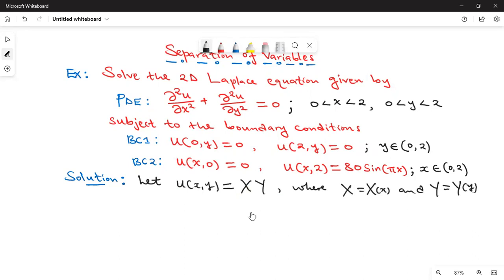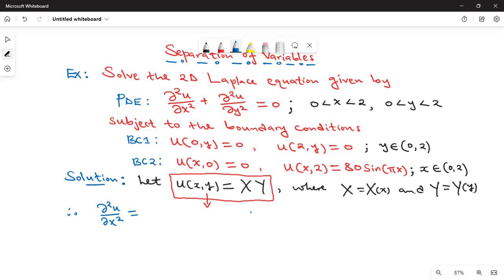Now, because this is a solution of our given PDE, it must satisfy the PDE. So we must be able to find the partial derivatives of this u with respect to x and also with respect to y. So I can say therefore, the second partial derivative of u with respect to x twice is equal to, you see we are differentiating a function of x, so anything that does not depend on x will be a constant.